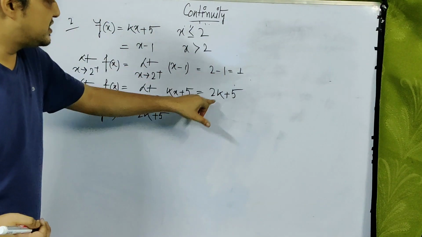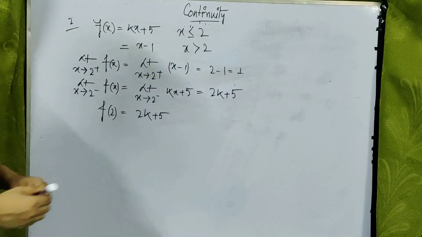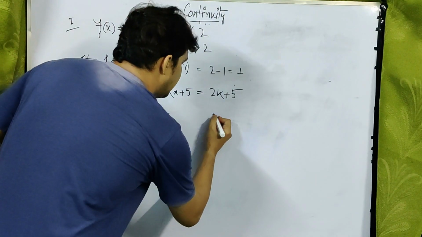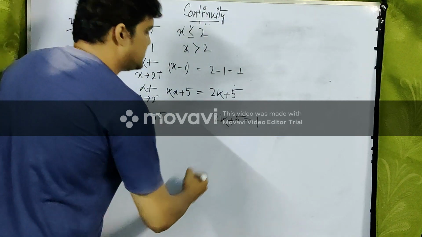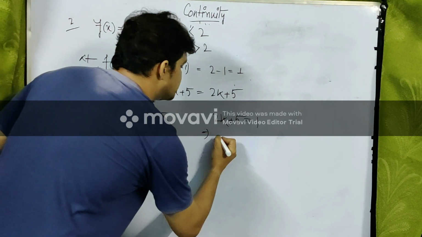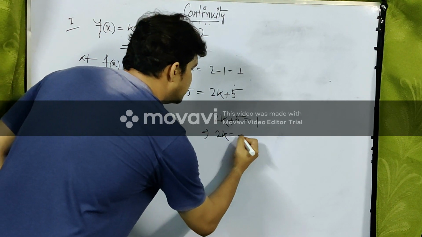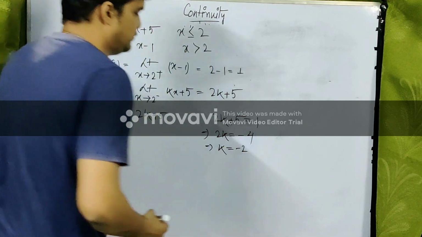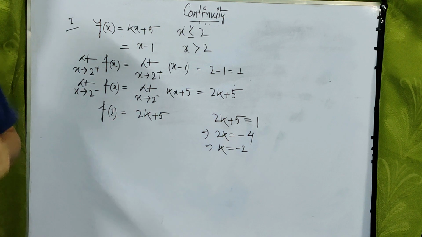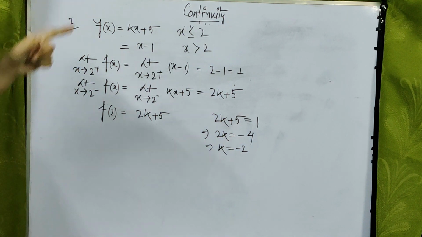So 2k plus 5 should equal 1. From there 2k equals 1 minus 5, which is minus 4. So k equals minus 2. Hence, for k equals minus 2, this function is continuous.